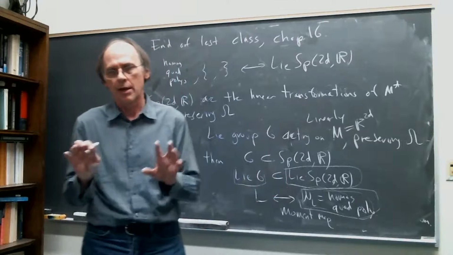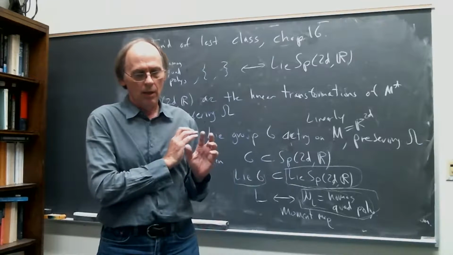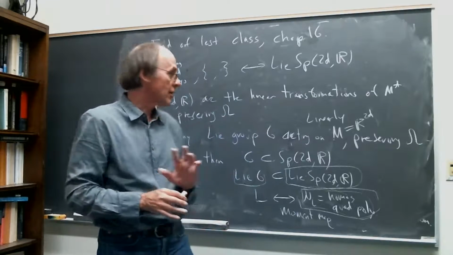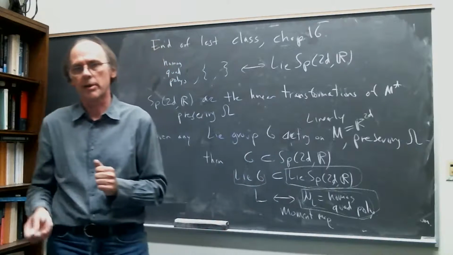This is pretty much the end of what I want to say about the classical story and about phase space. What we're going to do next is get back to quantum mechanics.